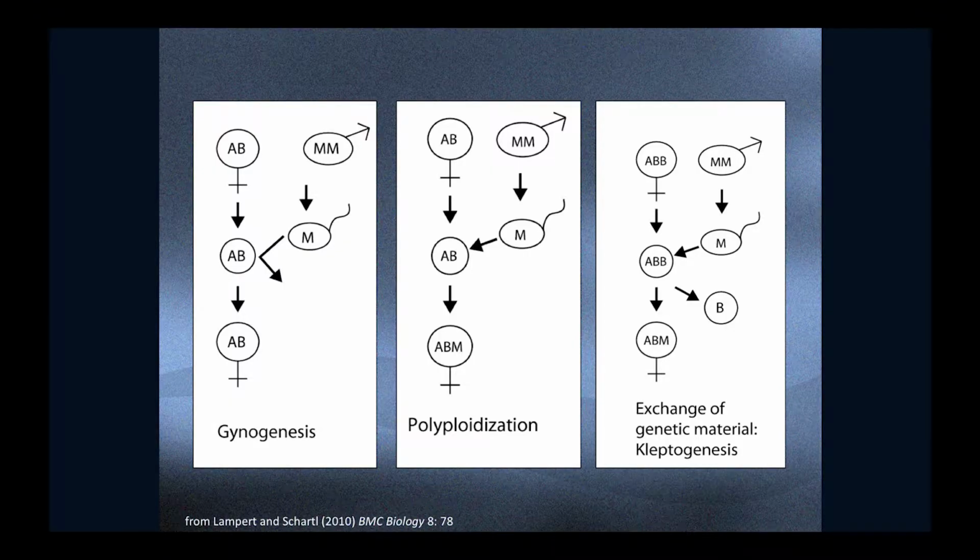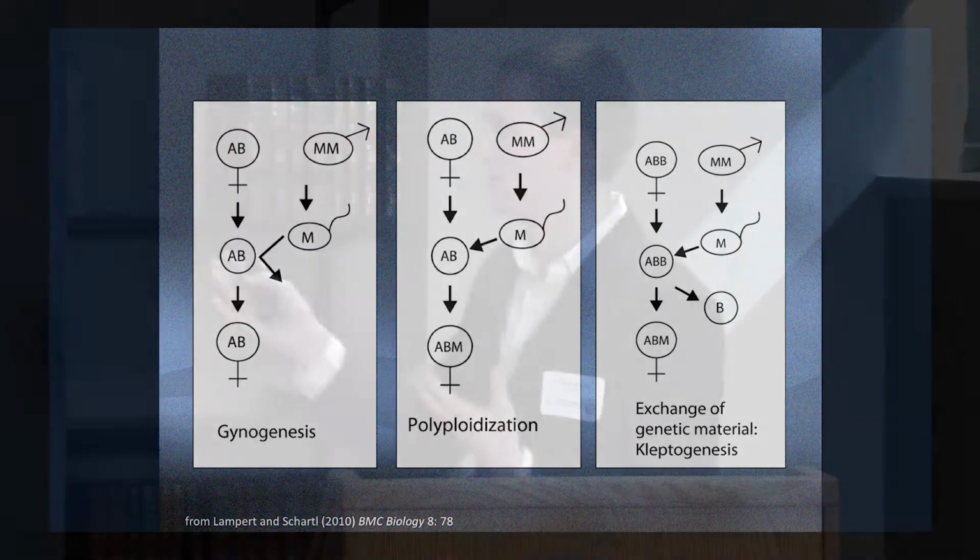So on the left we have gynogenesis, which if you have the maternal chromosomes defined as AB, the sperm comes, activates cell division, and the genome from the sperm is not incorporated into the egg, so the egg just remains as AB, okay? So that's gynogenesis.